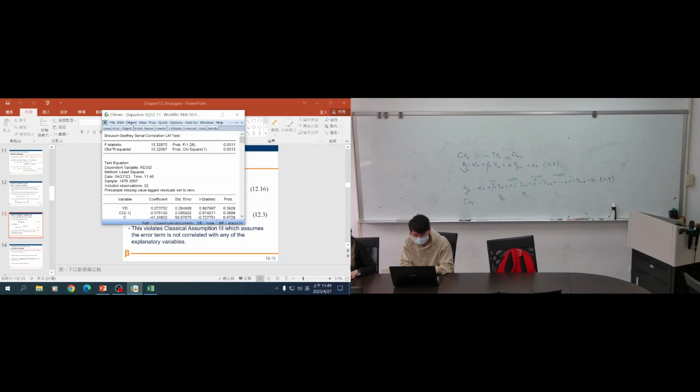Now look at how we correct serial correlation in dynamic models, which is in our textbook on pages 331 and 339. I'd like to show some remedies. These remedies also include the distributed lag model, because the two can be switched.